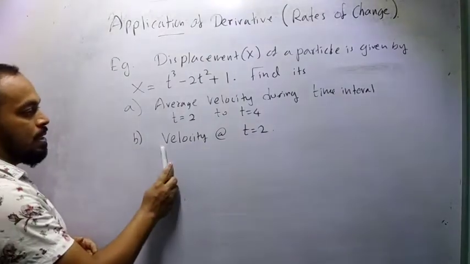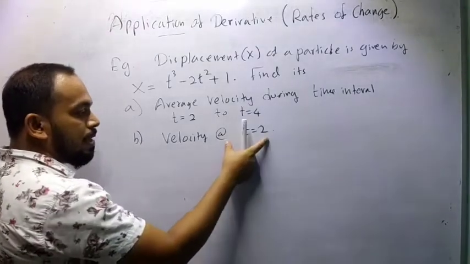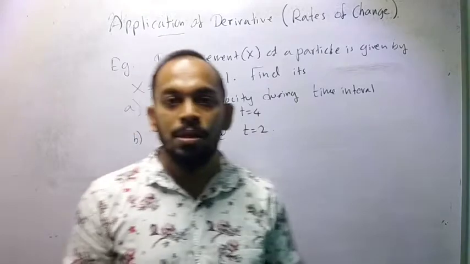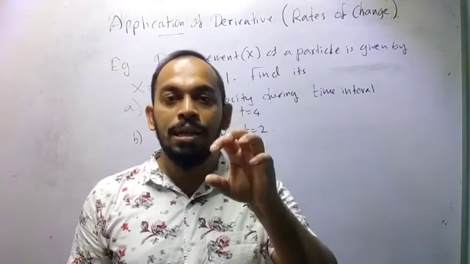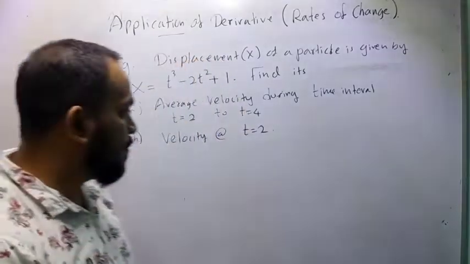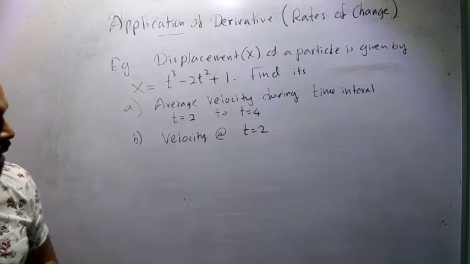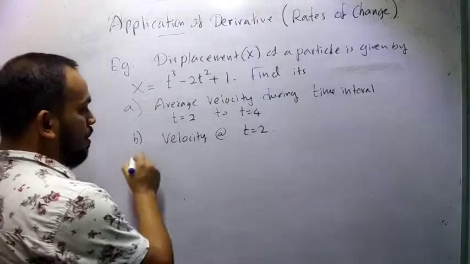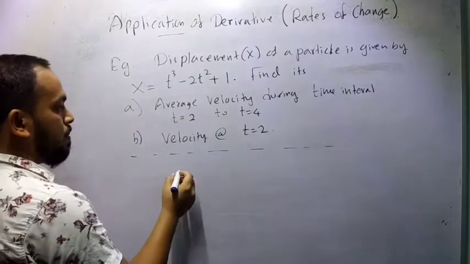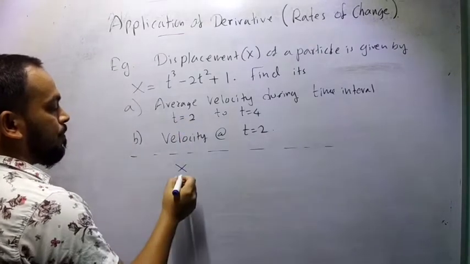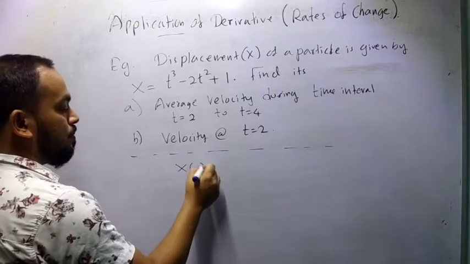Now, if they say velocity at t equals 2, this actually means instantaneous velocity, because we are using the preposition at, which means something very specific. So the average velocity is very easy. Let's find the displacement x at time 4.